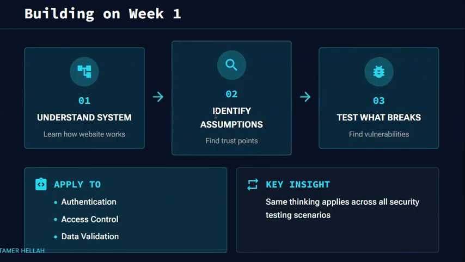This connects directly to what we discussed in week one. This security thinking usually follows the same pattern. First, understand the system, then identify assumptions, then test what happens when those assumptions break.